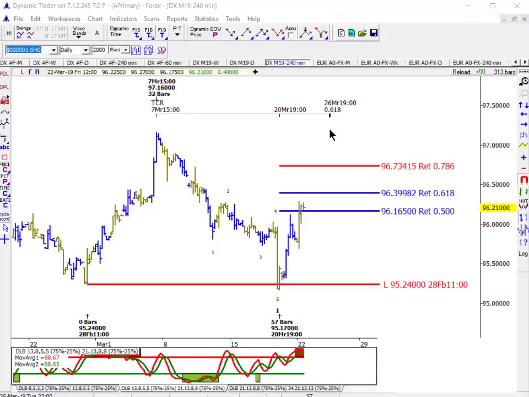The wave 2 typically retraces 38 to 62% of the time of wave 1. So we have the 26th, and we have that high to high on the daily data, the 27th, and that's why I say 26th to 27th, next Tuesday or Wednesday, are the high probability time targets to complete a wave 2 correction. So that's what we're going to be looking for.